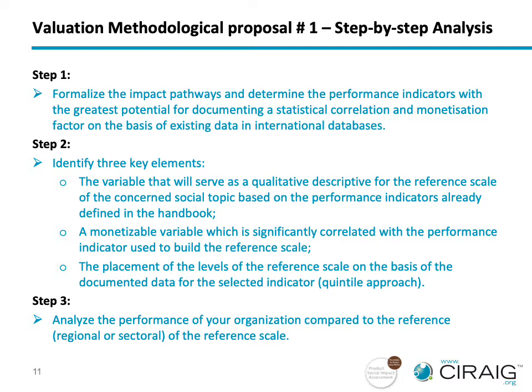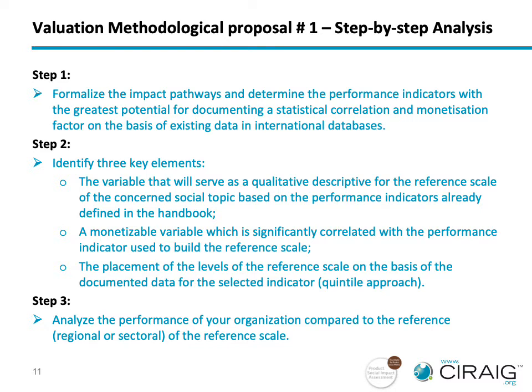Second, we need to identify three key elements: a variable that will serve as a qualitative descriptive, ideally aligned with the performance indicators predefined in the handbook for the reference scale of the concerned social topic; a monetizable variable, which is significantly correlated with the performance indicators used to build the reference scale; and a placement of the levels of the reference scale on the basis of the documented data for the selected indicators with a quintile approach.